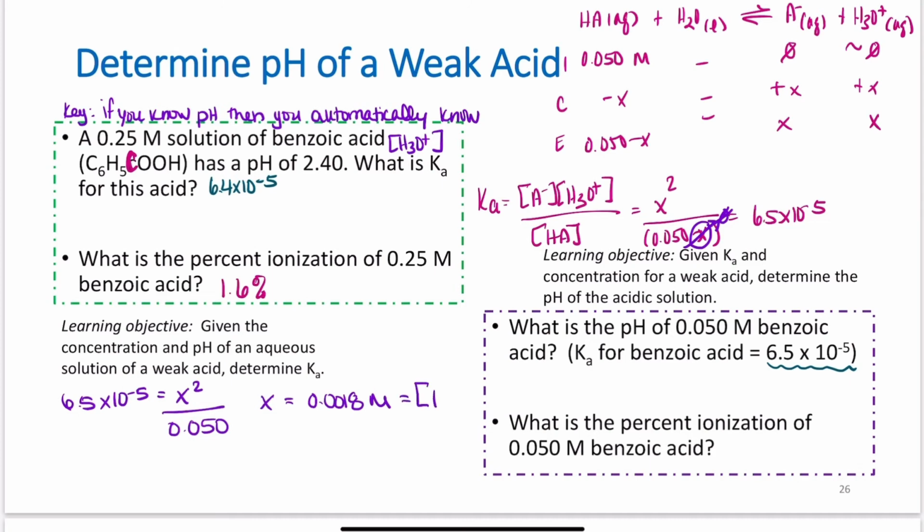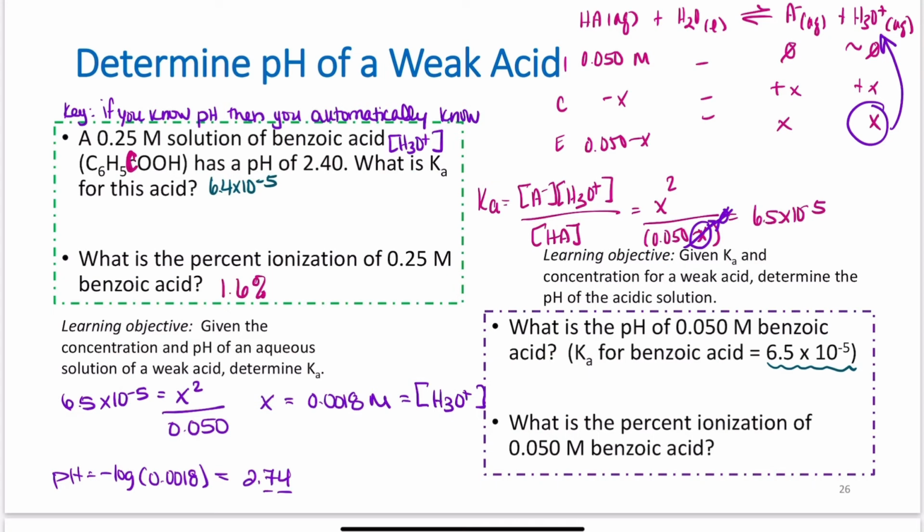And based on our table, this is equal to our H3O plus concentration, because x represents our hydronium concentration. We know pH is equal to the negative log of 0.0018. Calculate that through, and you're going to get 2.74. Again, 2 decimal places because we had 2 sig figs. You can always check your answer.